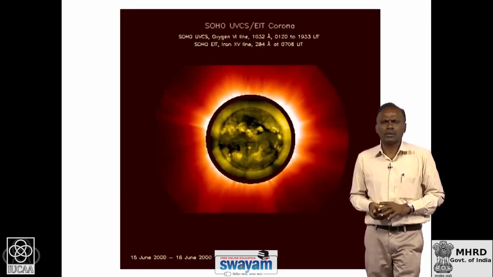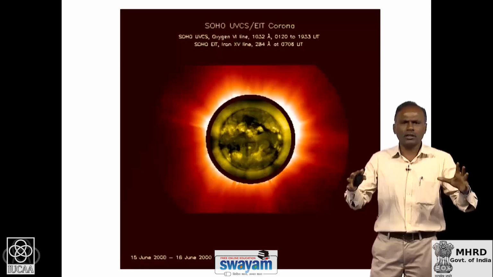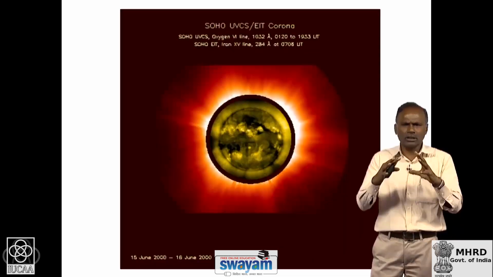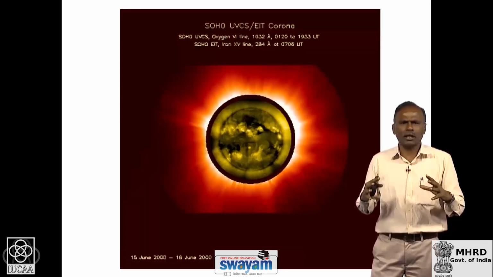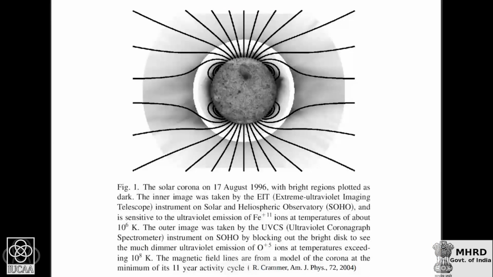The previous picture shows the corona during solar minimum. If you see the minimum corona, you see an open field configuration at the solar north pole as well as the south pole. So, the corona looks somewhat like an ellipsoid shape.